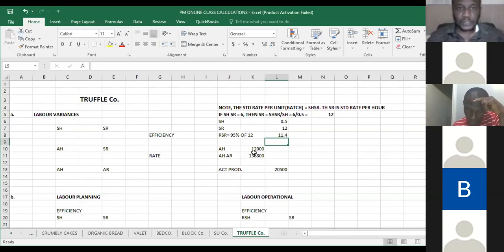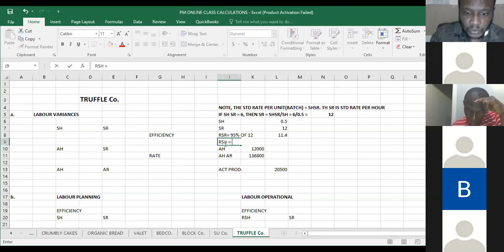So that means we'll have our revised standard hour 20% slower, so more time. Please be careful about what slower means. We'll spend more time on it. So our revised standard hour will now be equal to 120%.